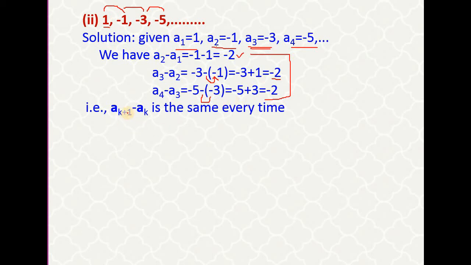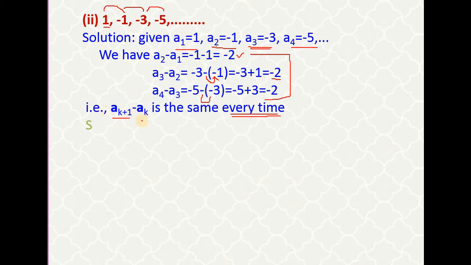In general, ak plus 1 minus ak is the same every time. Here ak plus 1 is the succeeding term and ak is the preceding term, and the difference between them is the same every time.